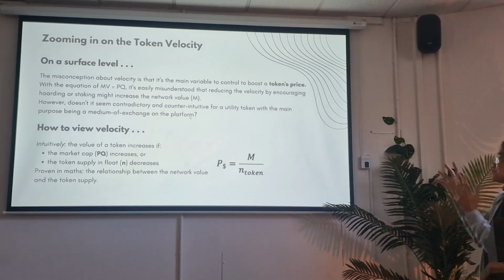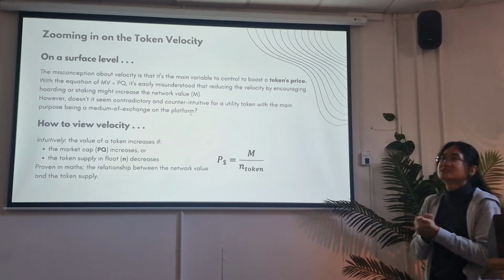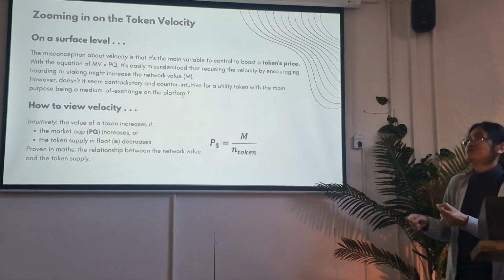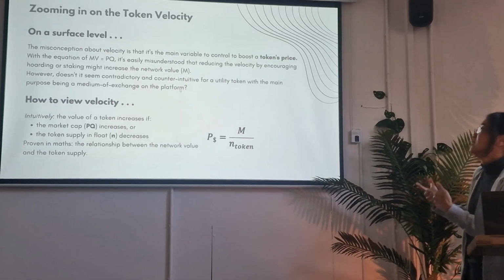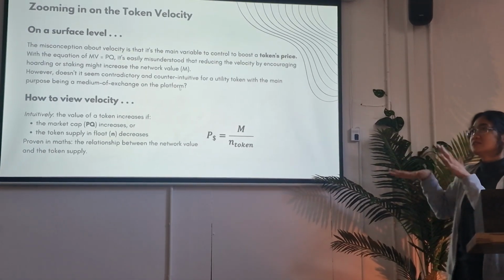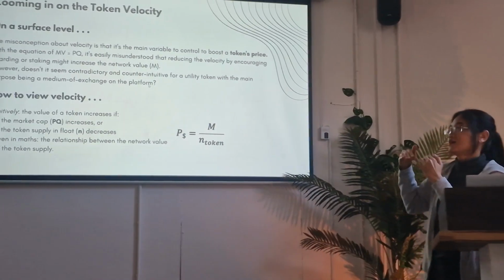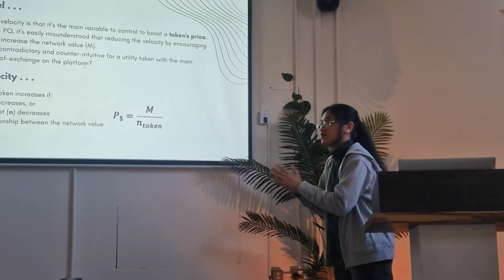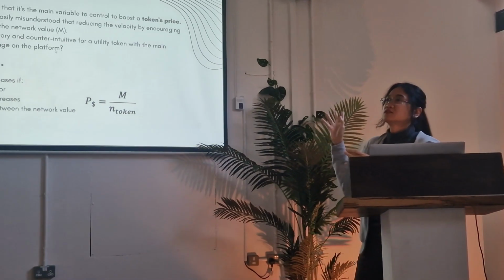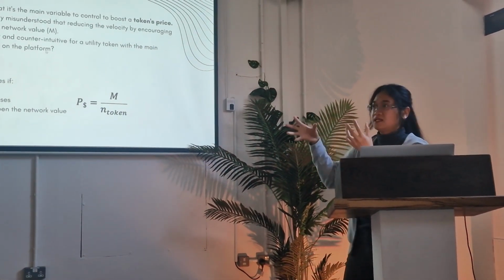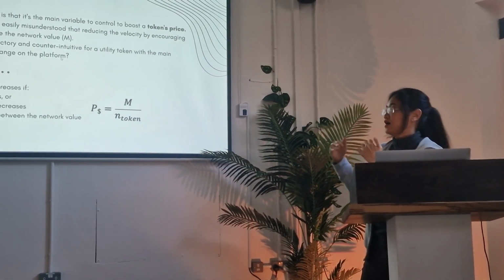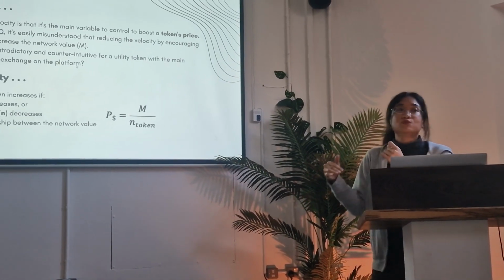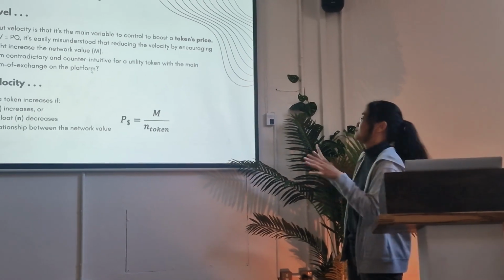But it's a bit counterintuitive, because when you build a token to be used in your platform, you want the use case to grow forever. So there should be some control. Buterin, or maybe the other guy, Kyle Samani, refers to it as the Goldilocks zone, a middle ground where it's not too high because the token will lose its value, or too low because the economy will not be sustainable.